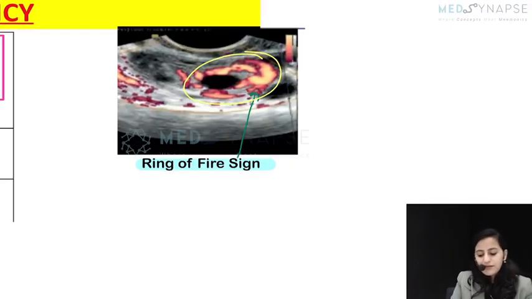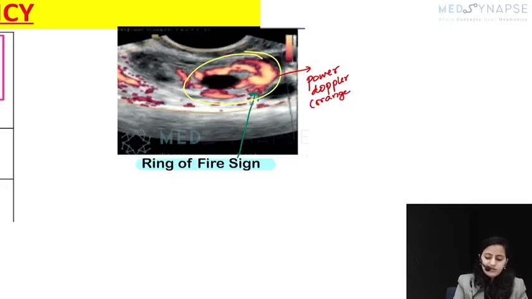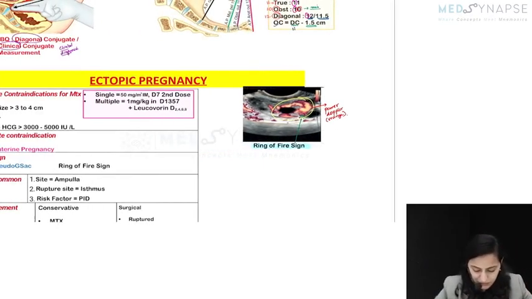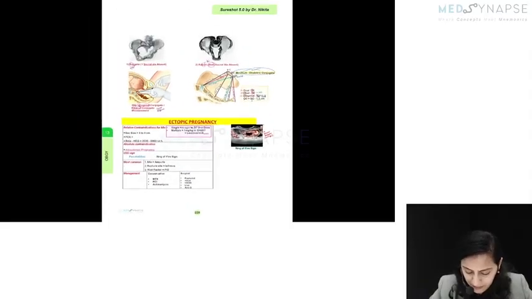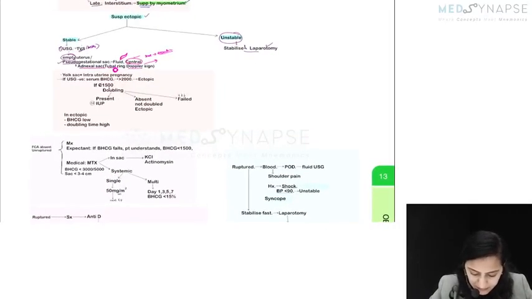So if you tell me that in Doppler, why is this red and blue not seen? There we see red and blue. This is a type of Doppler which is called power Doppler, where you see the vessels as orange color. It is a Doppler which helps to detect even a low velocity blood flow. The ring of fire.